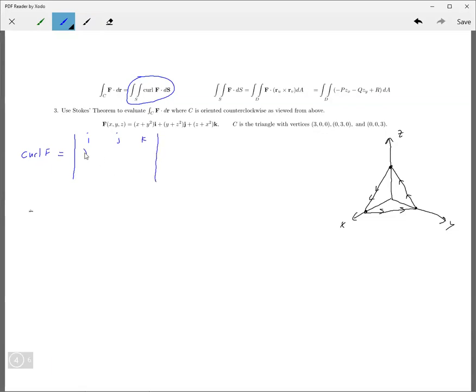Below the i, I'm going to put d/dx. Below the j, I'm going to put d/dy. And below the k, I'm going to put d/dz. And then I'm going to put the components from the vector field underneath: x plus y squared, y plus z squared, and z plus x squared, those three. And then copy it down over here.